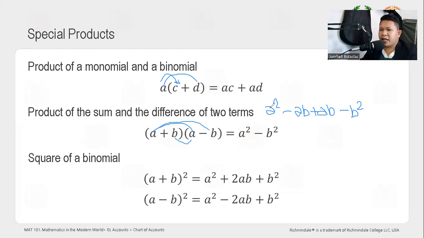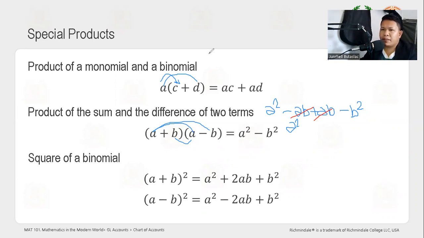As you can see, we have a squared minus ab plus ab minus b squared. Copy the a squared because you have to simplify this. Then negative ab plus ab is 0, so it cancels out.